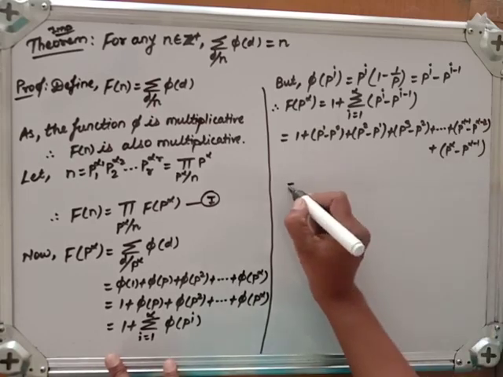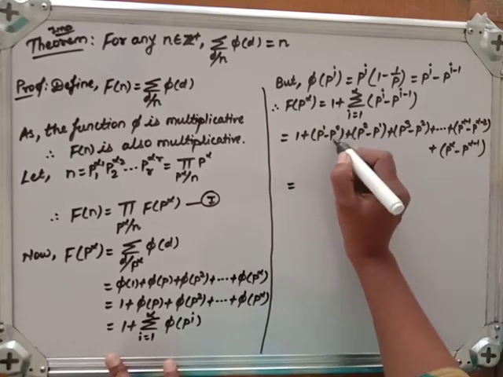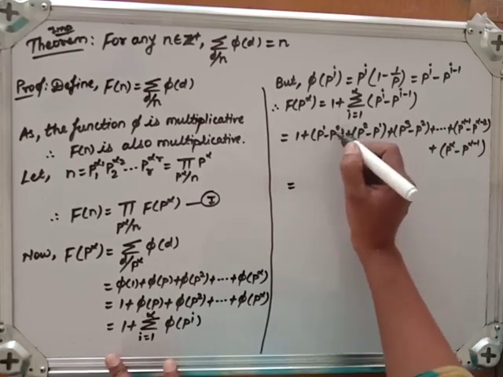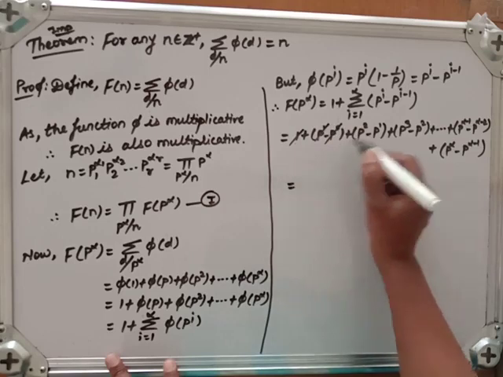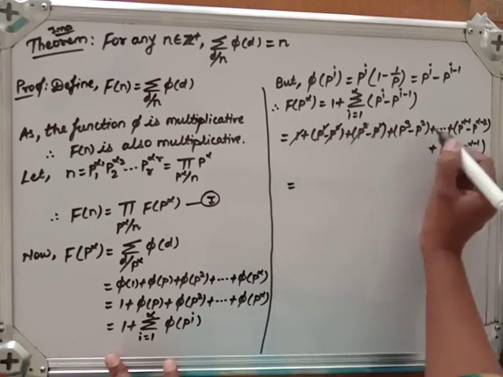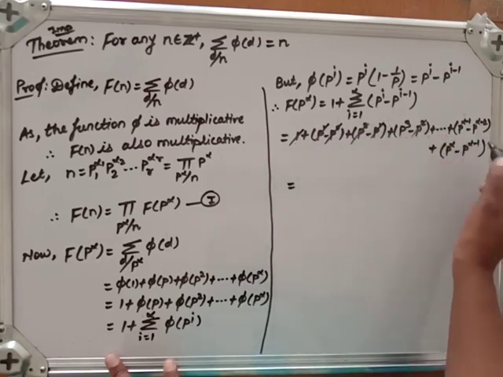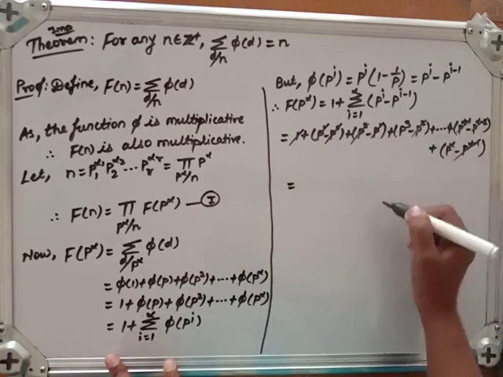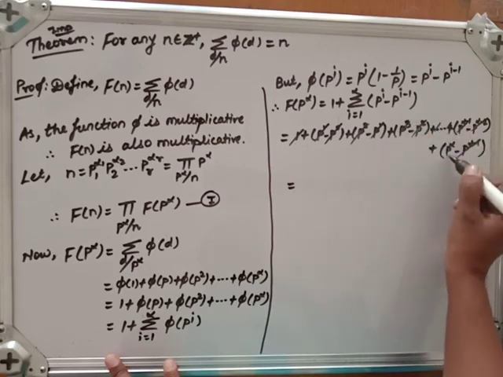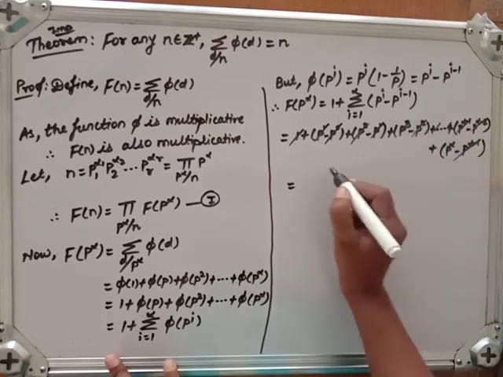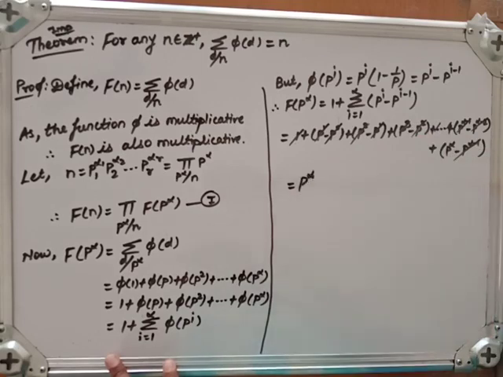So if you look carefully, this is 1, p raised to 0 is also 1, but it has a negative sign, so these get cancelled. P raised to 1, p raised to 1 get cancelled. P square gets cancelled. So everywhere here, look, this one will cancel here. Fine. So only a single term. This is also cancelled with here. So only a single term will be left. That is what? P raised to alpha.